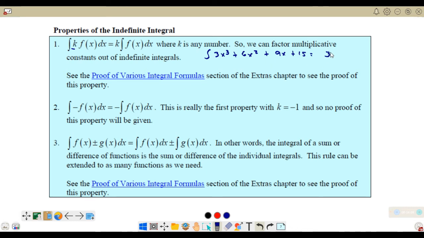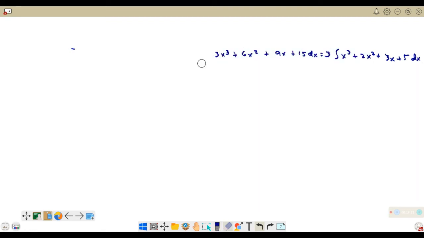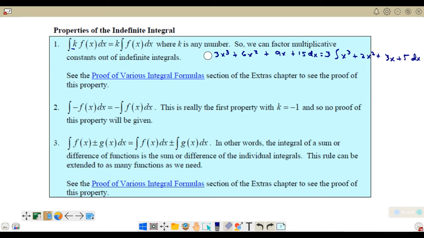So, pwede nating ilabas si 3. And then, just get the integral of x cubed plus 2x squared plus 3x plus 5. Nakalimutan ko si dx. Ayan. Huwag niyo kakalimutan si dx. Okay? Ayan. So, ganito lang yon. Ay, nabura lahat.